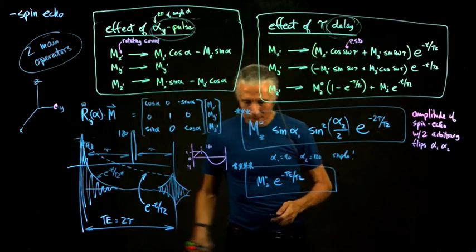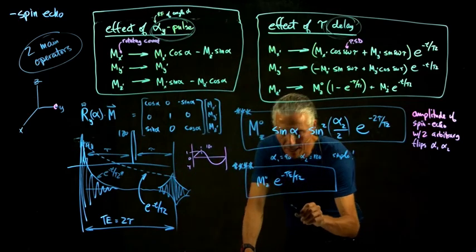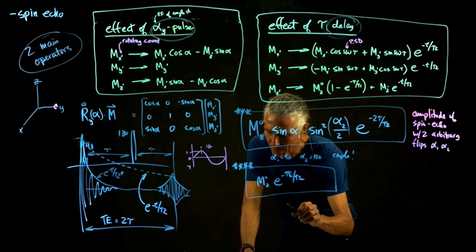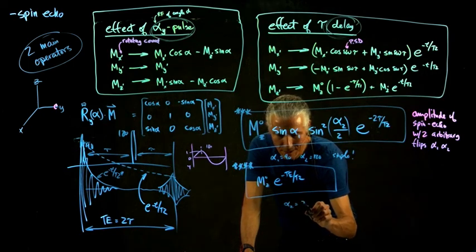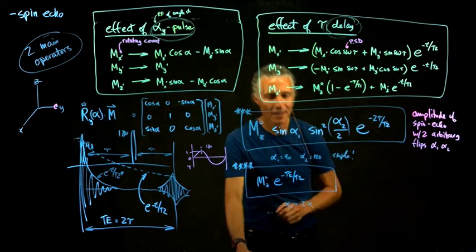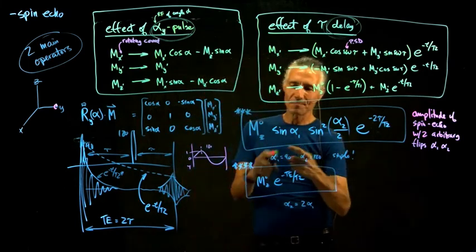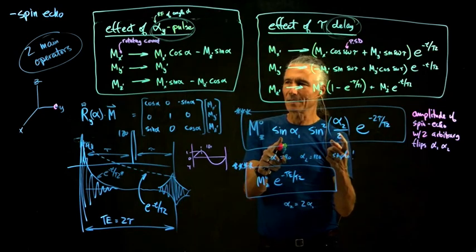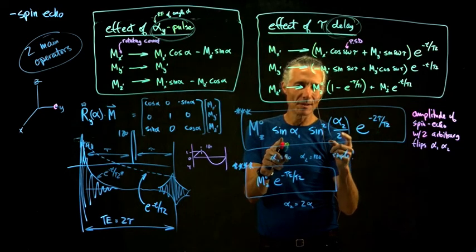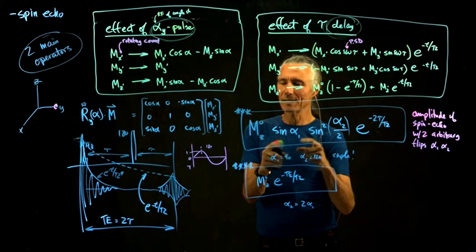But there's another special case, one more special case. What if we have alpha 2 equals twice alpha 1? So what if we have, instead of 90 and 180, say, 30 and 60? There's another special case where the second flip angle is twice as big as the first.